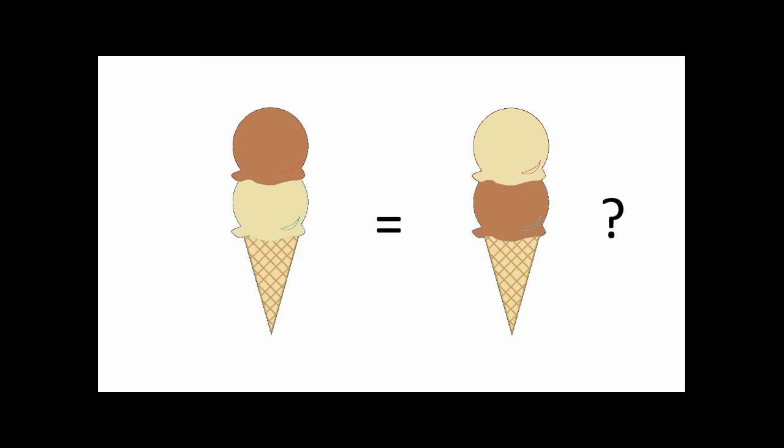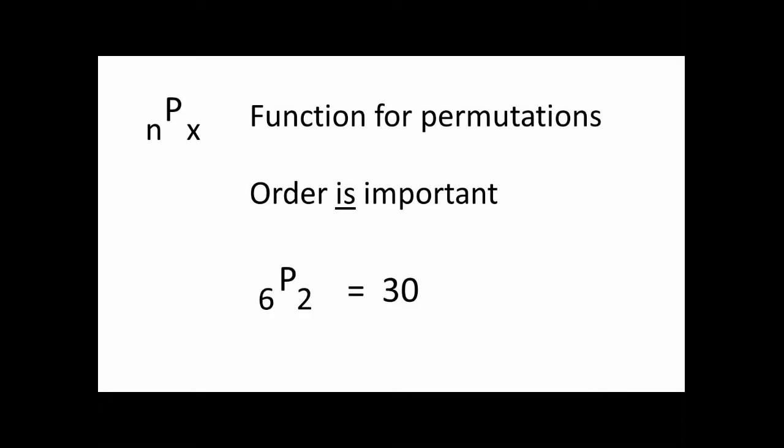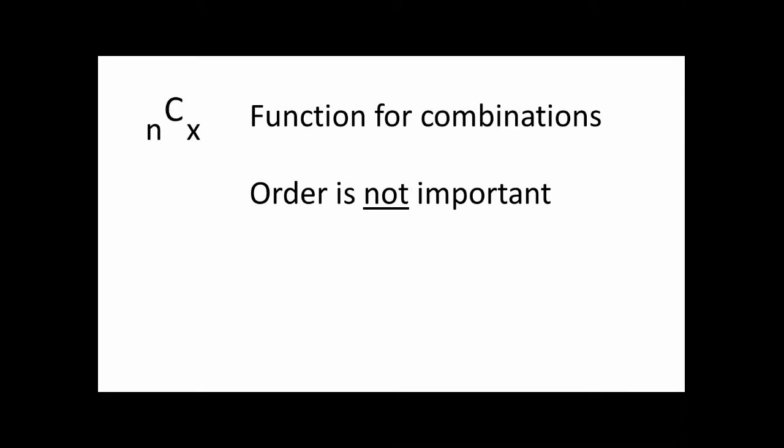That depends on if order matters. Does chocolate on vanilla count as a different choice than vanilla on chocolate? If yes, then we are calculating how many permutations are available. There are 30. But if order doesn't matter, then we are talking about combinations, and there are 15 different choices.